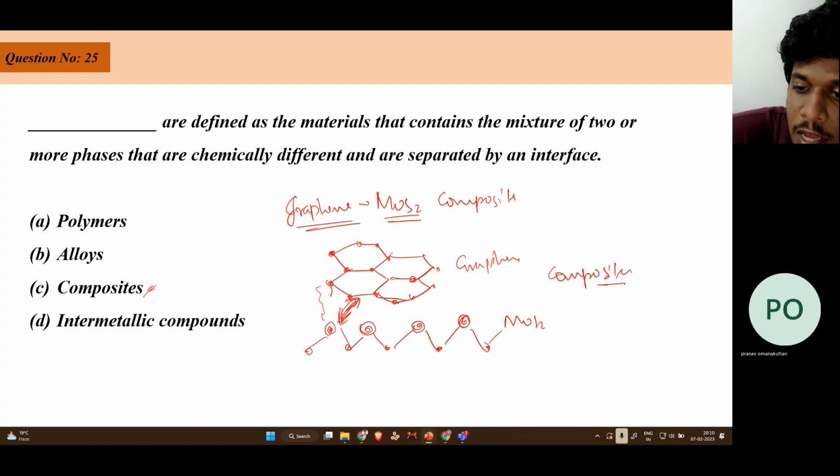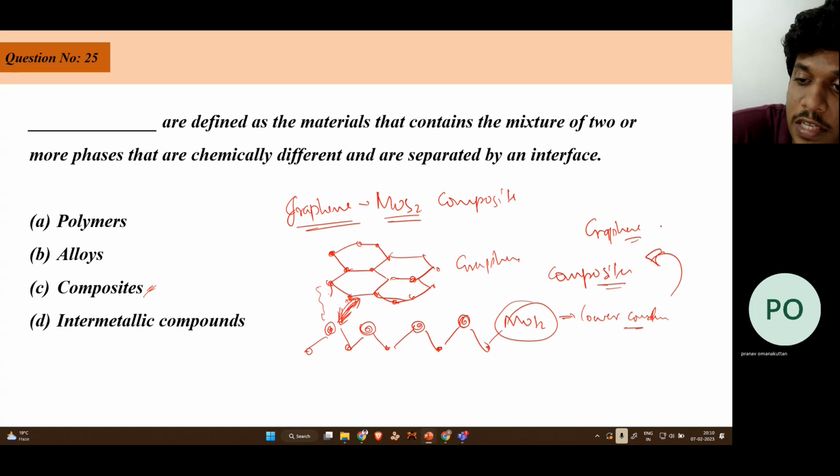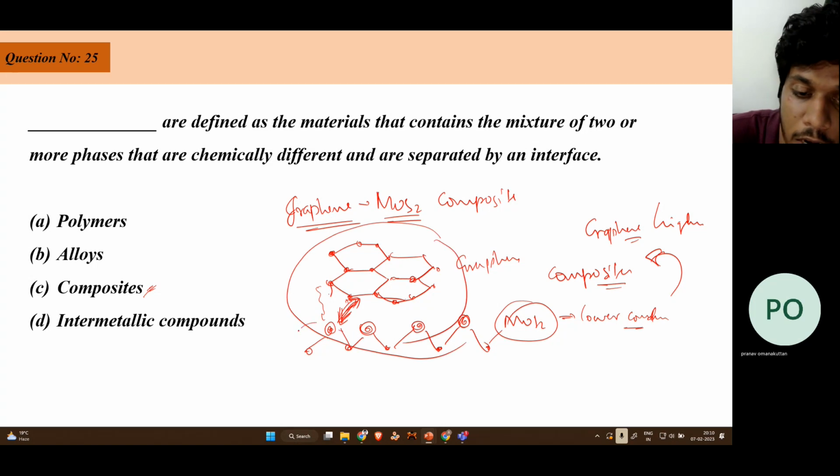And these have many good applications. For example, MoS2 generally has lower electrical conductivity, but when it is combined with graphene, which generally has a very high conductivity, it can increase the total conductivity of the whole material.